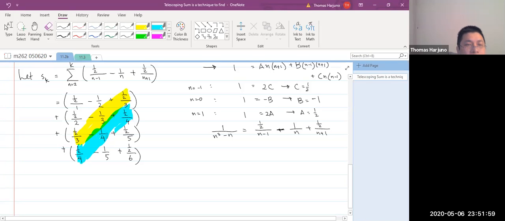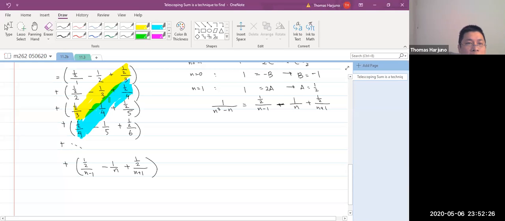You see that? Now all the way until I get 1/2 over n minus 1, minus 1 over n, plus 1/2 over n plus 1. As you expect, later on this will cancel, and something cancels, all the way until this eventually gets canceled with something up there.